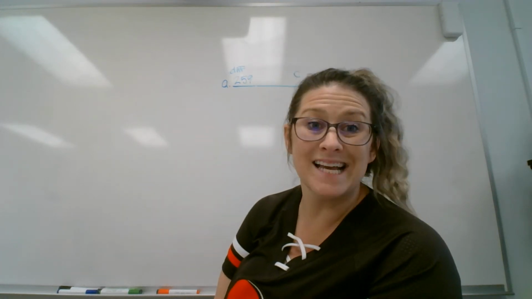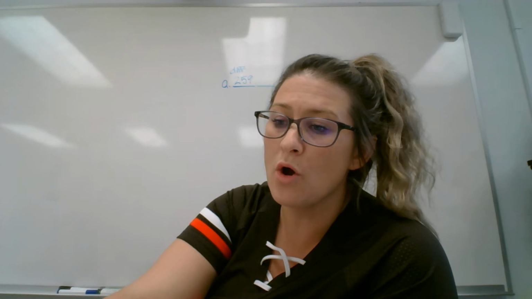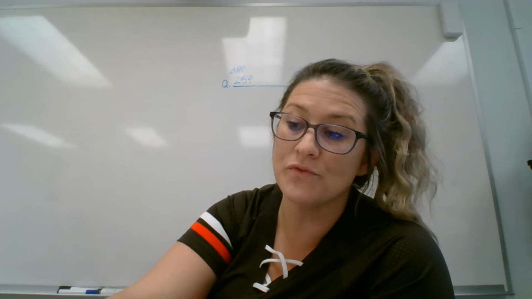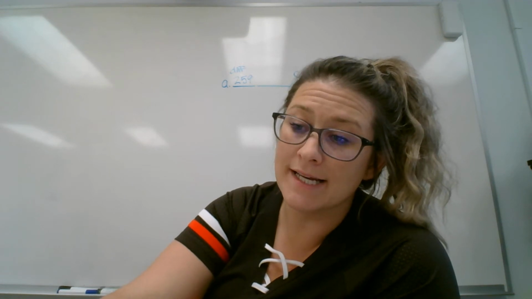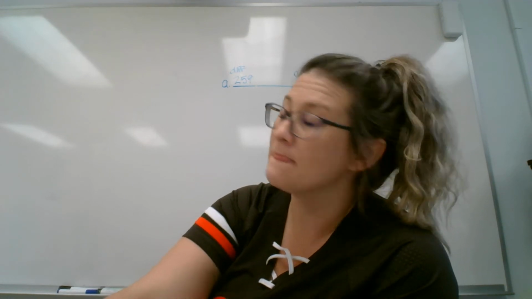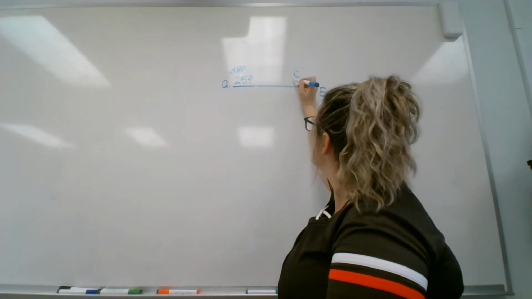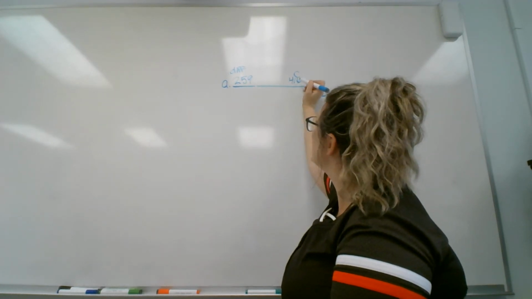All right, my second sentence says, Crow River, so it's giving me the information for Crow River, is 416 miles long. So find your C, and you're going to write 416.